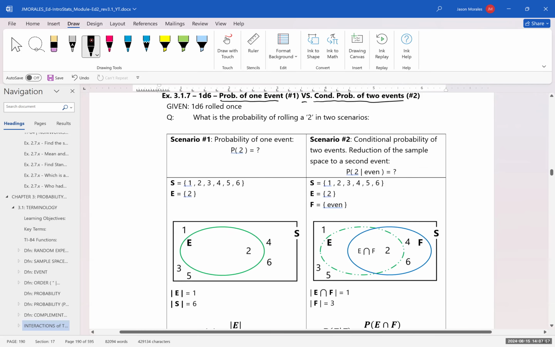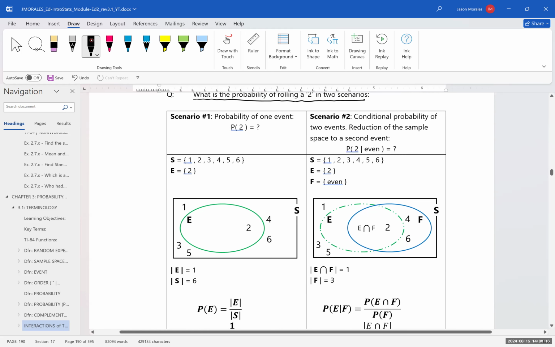So this is actually two examples put side by side, so you can see the difference. What we're given is a six-sided die roll, and the question is, what is the probability of rolling a 2 in two different scenarios? Scenario 1 is the probability of one event, so the probability of just getting a 2. This is what we learned at the very beginning of this chapter.